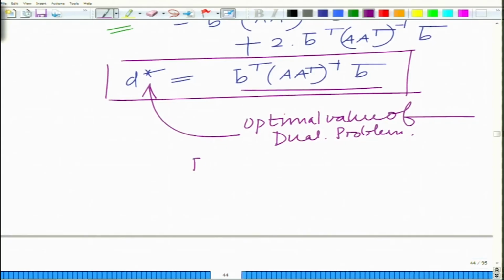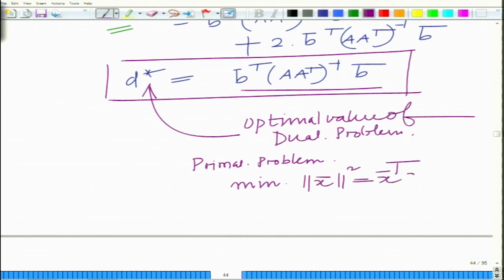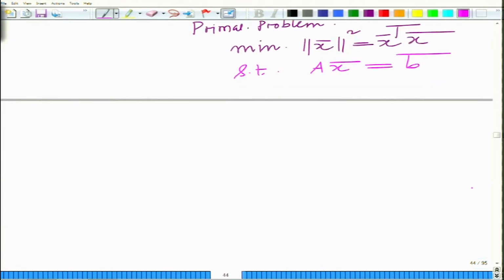Now let us go back to the primal problem. Remember, the primal problem is minimize norm x bar squared, that is x bar transpose x bar, subject to the constraint A x bar equals b bar, and we know that the optimal solution for this is x bar equals this.